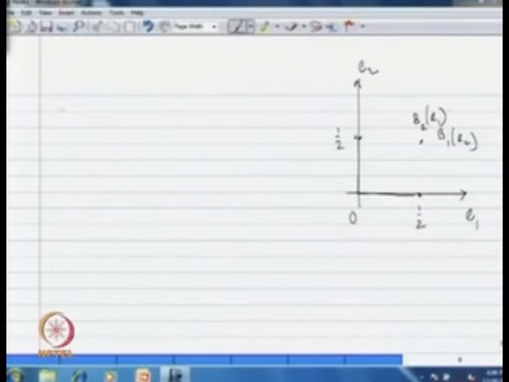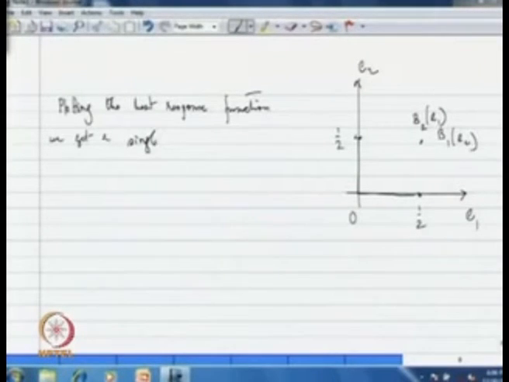Therefore, plotting the best responses, this is the Nash equilibrium.